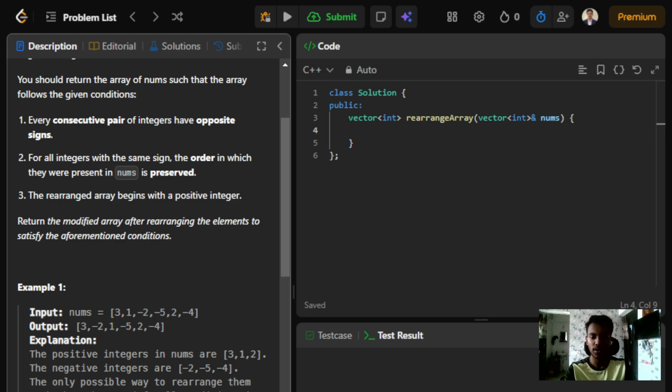What we have to do is just alternate positive and negative numbers in the output array.